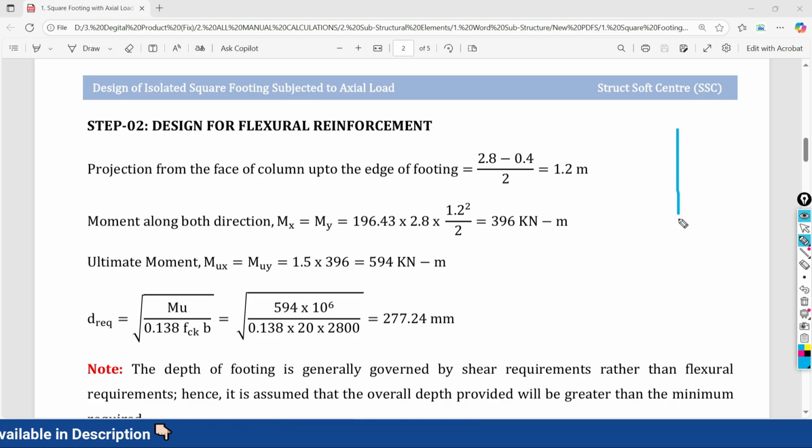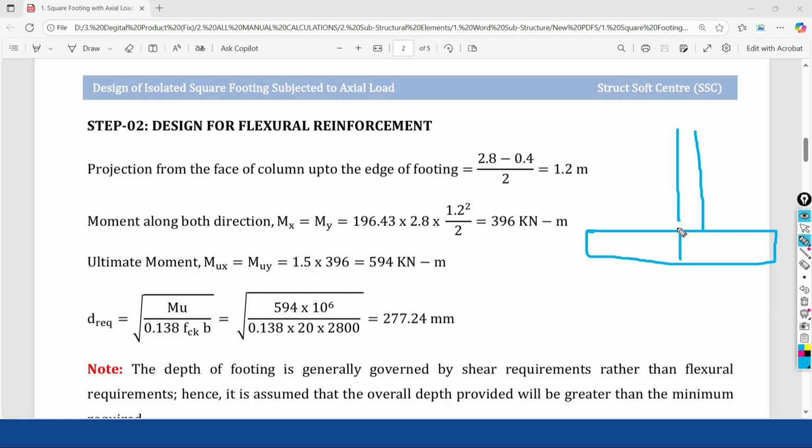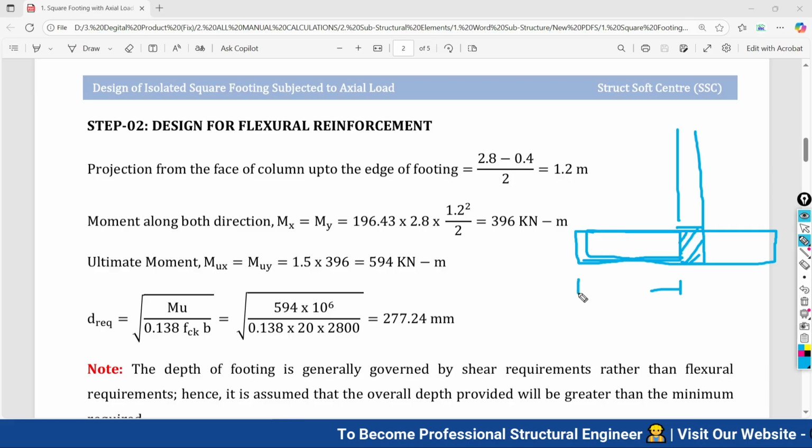And again I would like to draw the figure here. If you see, this is the rigid part and this is the cantilever portion, right? And this is 1.2 meter.